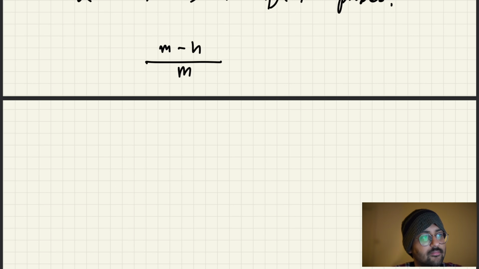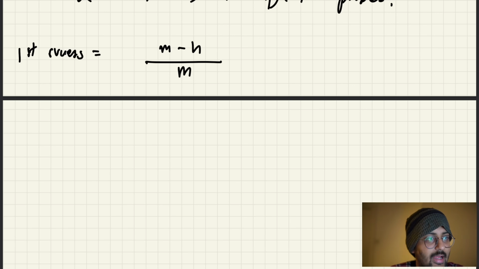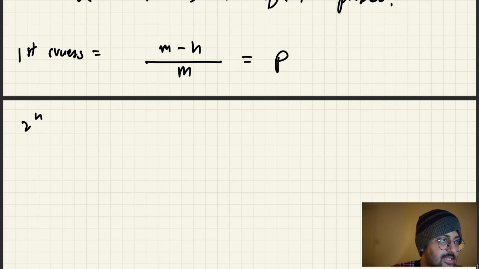M minus n first success chances, because we are assuming that everyone has an equally likely chance. Let's say this is equal to probability p. If the first one fails, then the second success is equal to what?